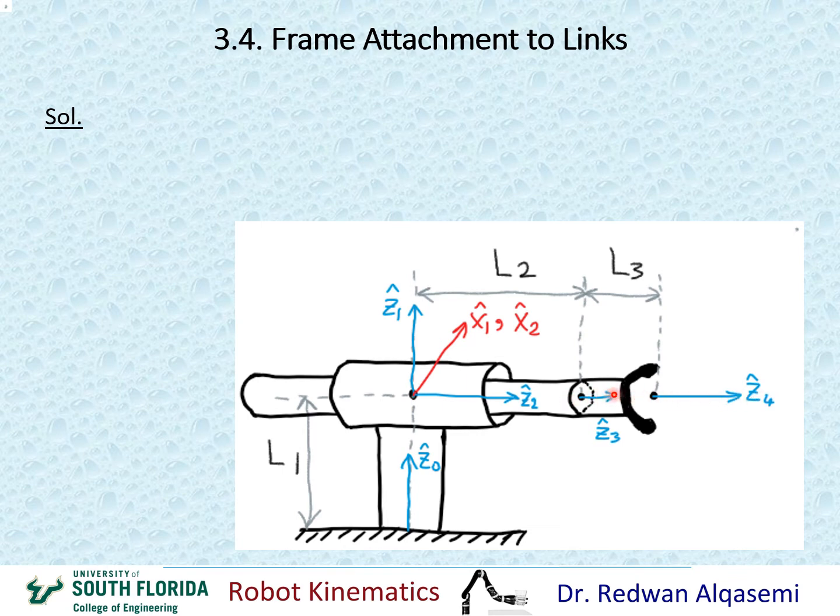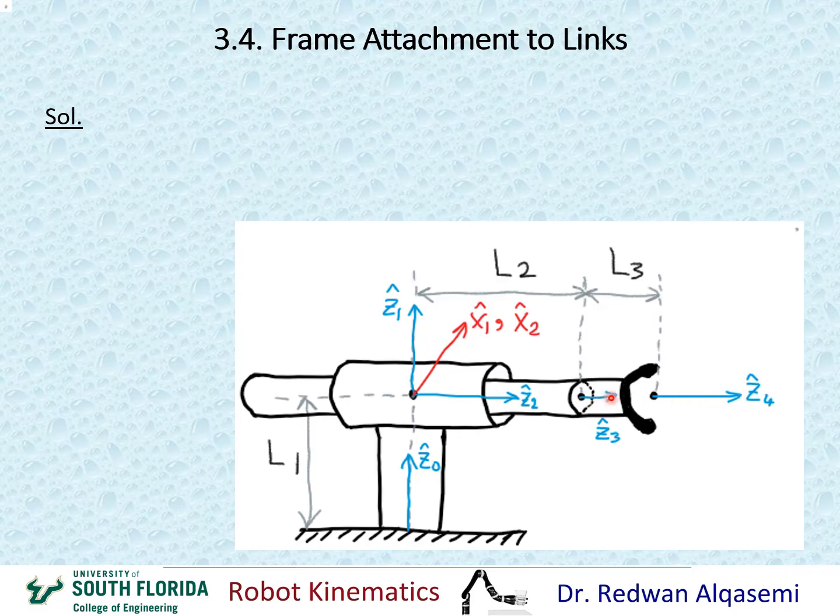So any line that's perpendicular to the Z3, Z4 line would be a common perpendicular. Any line that we can draw anywhere, it can be here, it can be here, it can be here, and it can be pointing in any direction as long as it's perpendicular to the Z3, Z4 line.